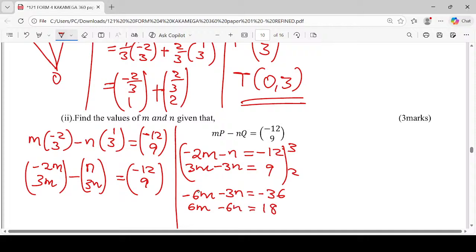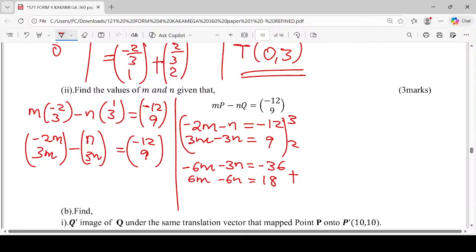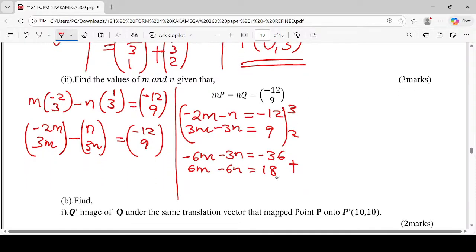To eliminate m here, we are going to do addition. Once you do addition, m will cancel. Negative 3n plus negative 6n, that will be negative 9n being equivalent to negative 36 plus 18, that's going to be negative 18.